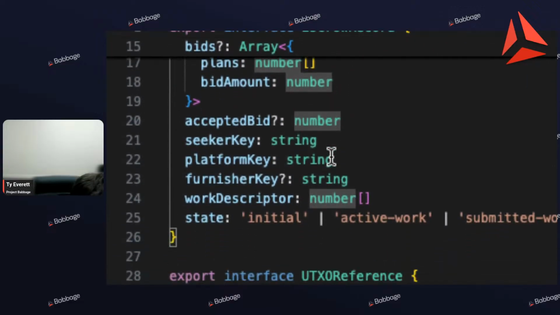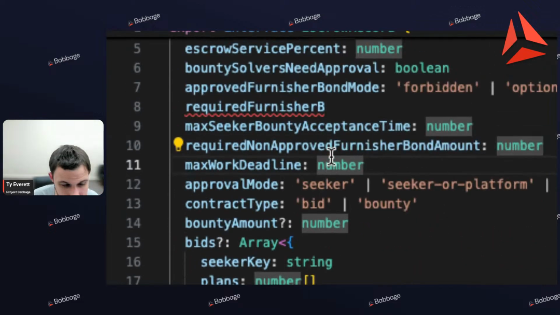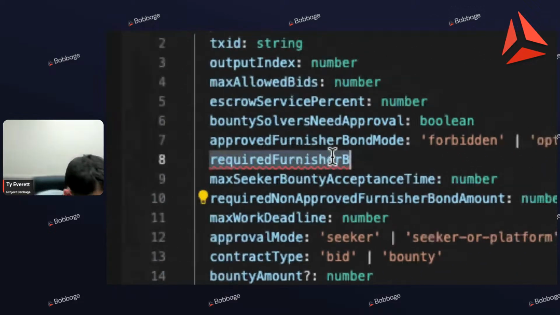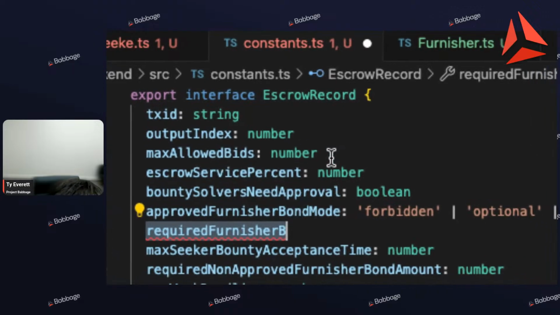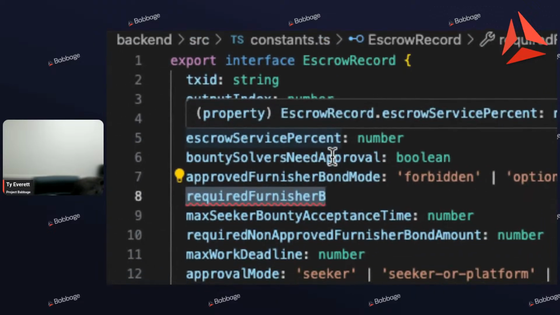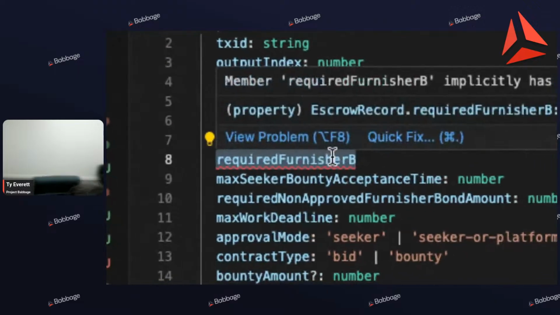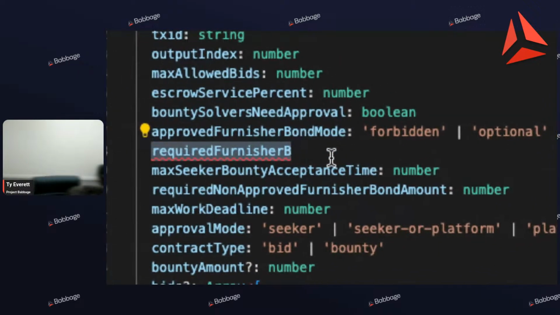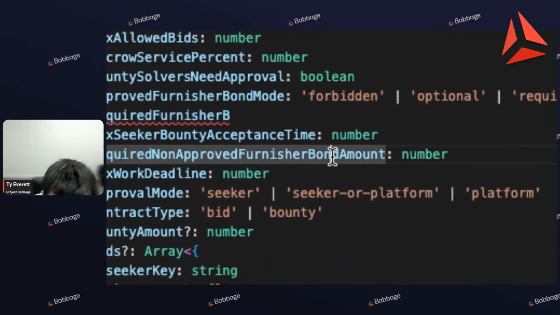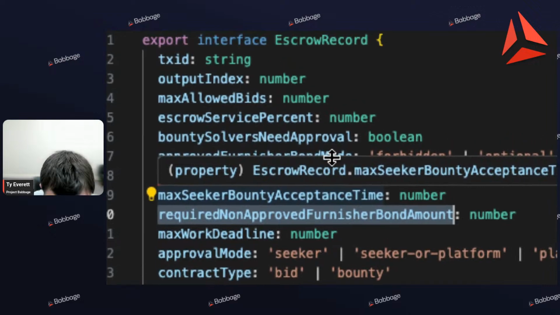Where's the amount of the bond? Weren't we tracking that? I thought we were already. I don't think we need a new parameter for it. Max allowed bids. I think this should just be bond amount versus having two.